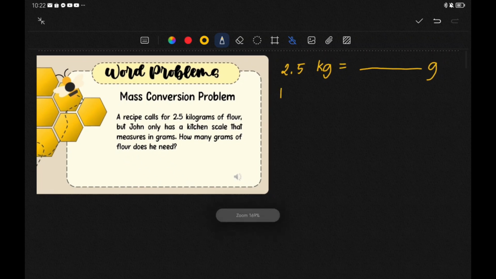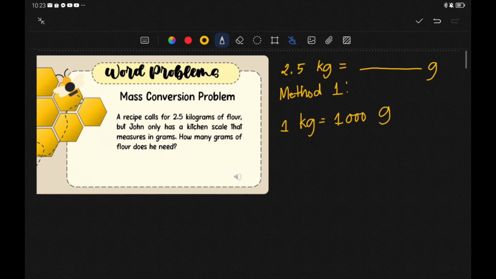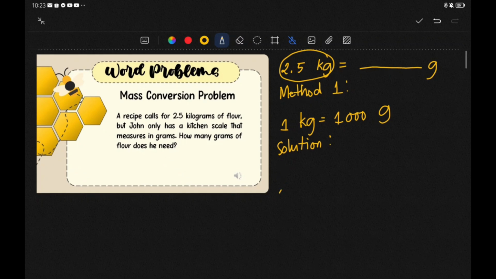So let's solve this using method 1. You need to remember the conversion factor that 1 kilogram is equal to 1,000 grams. So using this one, we are going to multiply. So this is our solution: 2.5 kilograms times 1,000 grams over 1 kilogram.